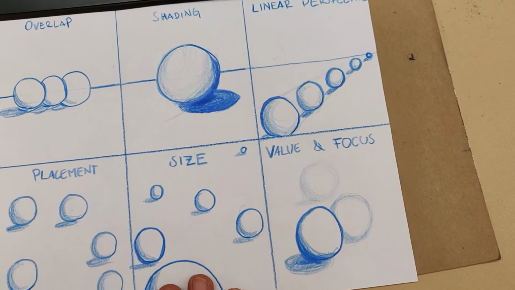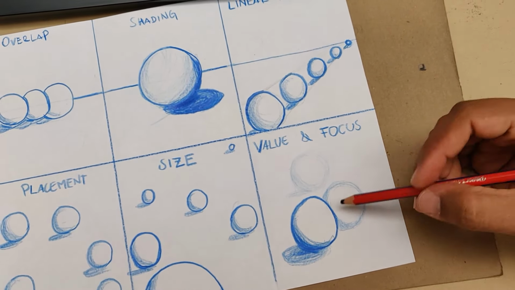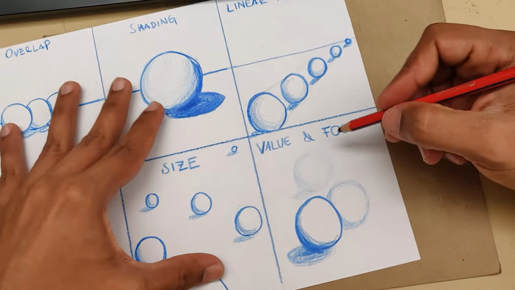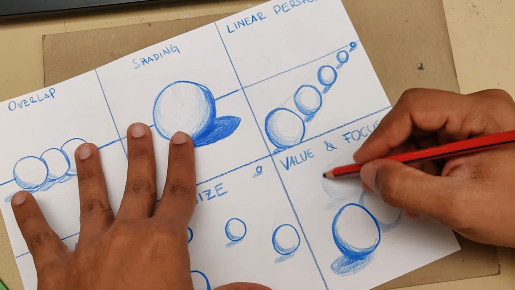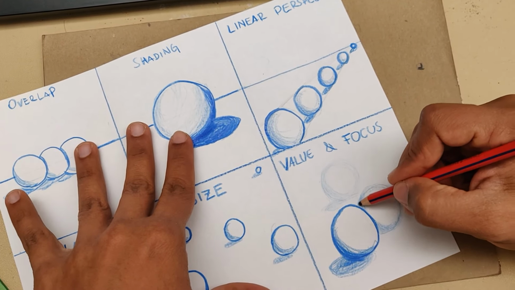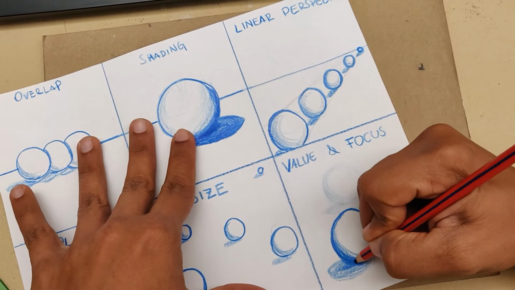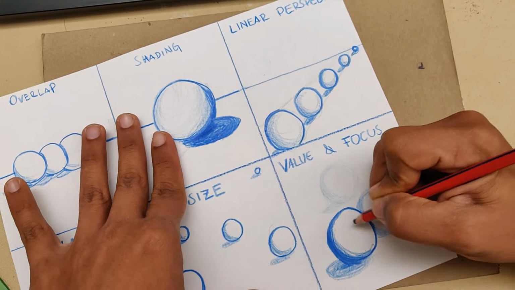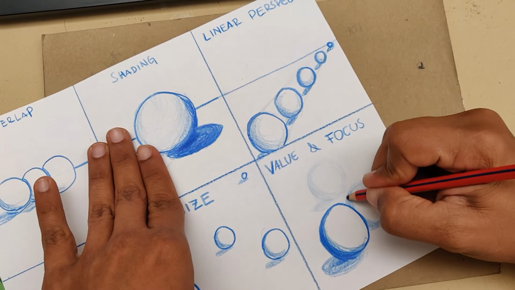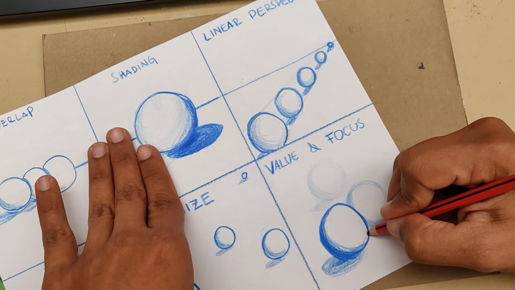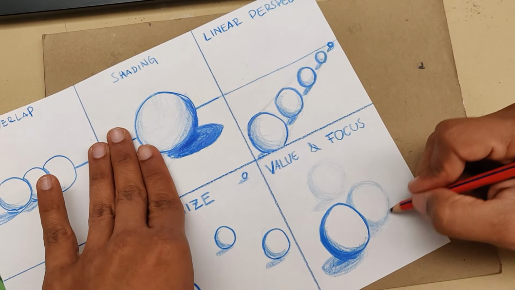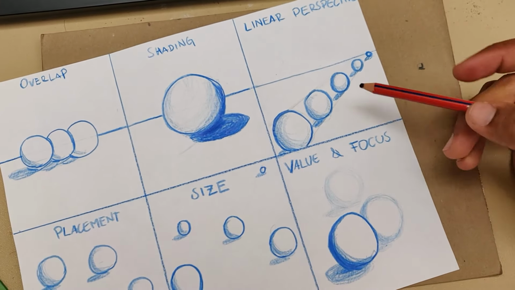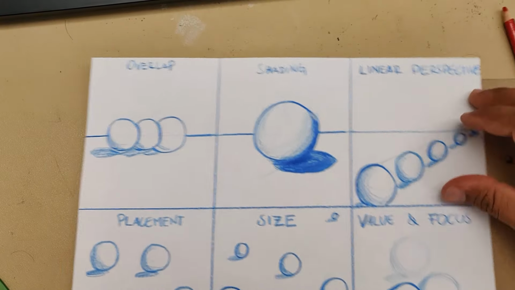So we have these circles, and the farther they are, they seem to be less clear and more fuzzy, more blurry. The first one is very strong with very detailed borders. The second one is less detailed, a little bit more fuzzy, and the last one is just vanishing. That makes them look that they are away.